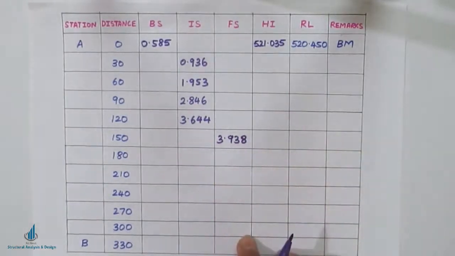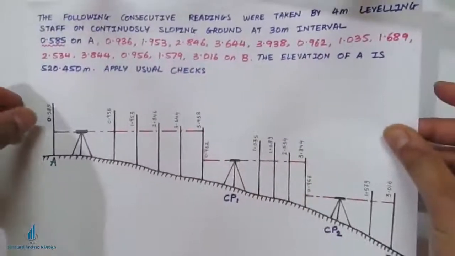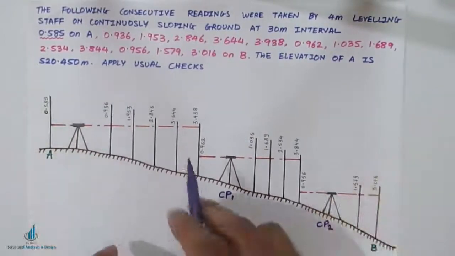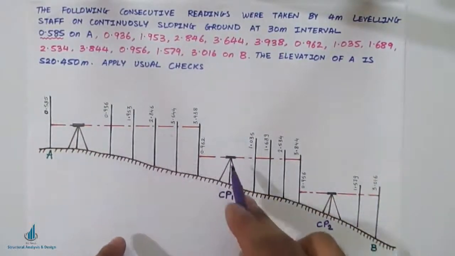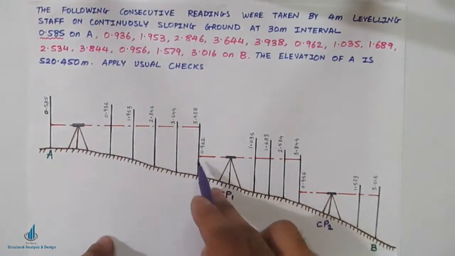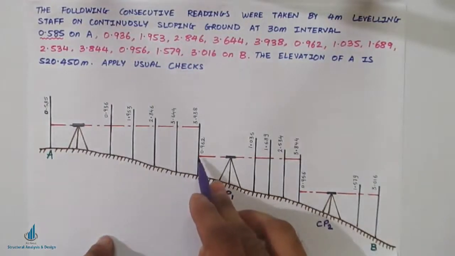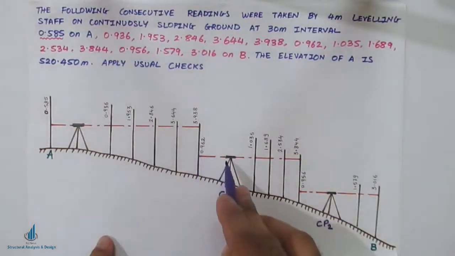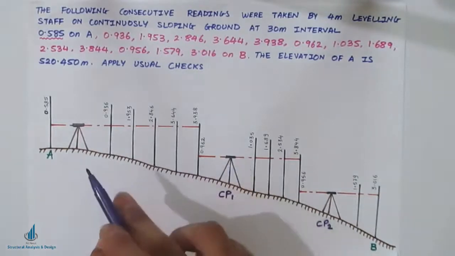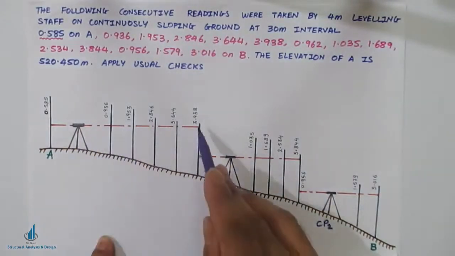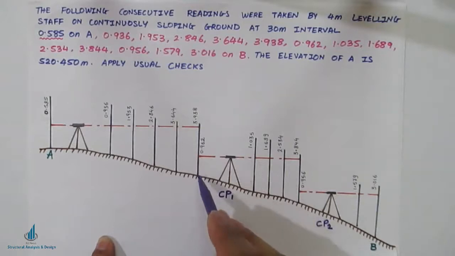After shifting this instrument, you again take the reading at that particular staff point. Remember, you should not lift the staff until the backside is taken from the changed position of the instrument. When you lift the instrument, the staff should stay in that position.